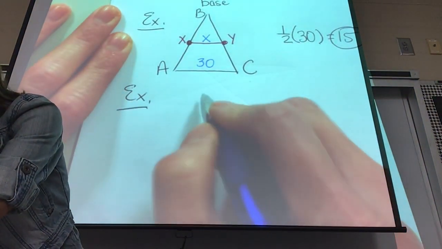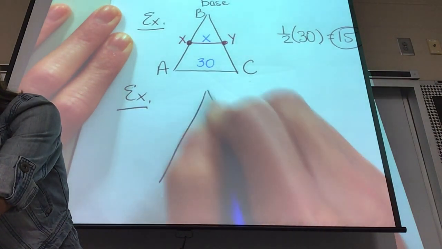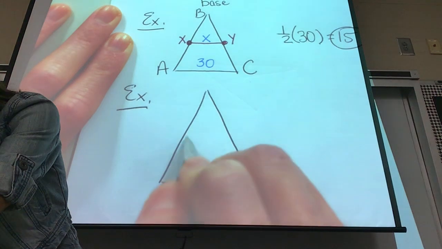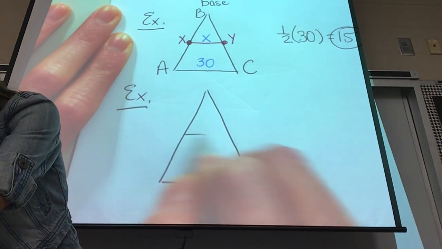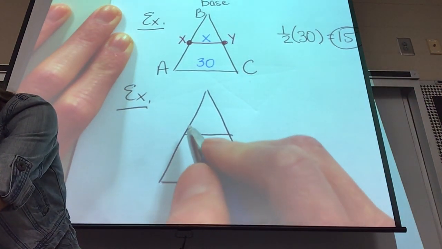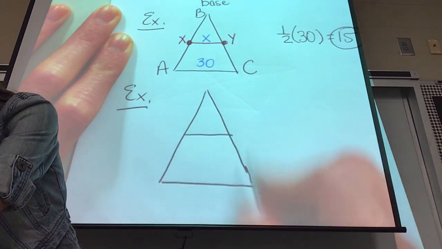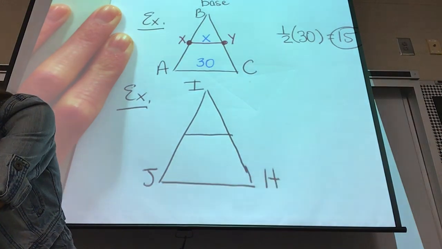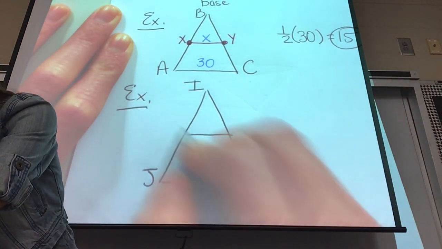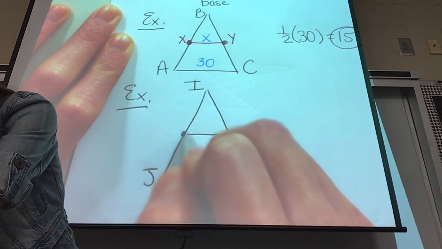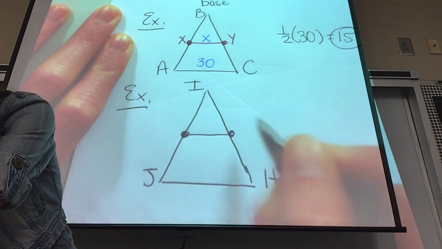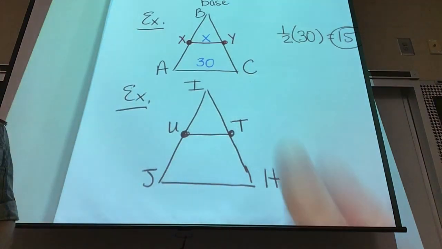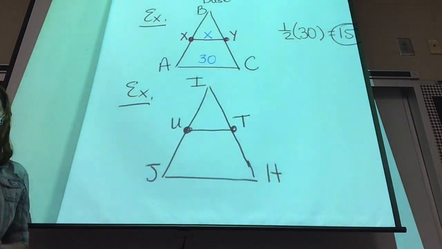So if I give you another triangle, and let's say this time I have triangle HIJ. My mid-segment is UT here.